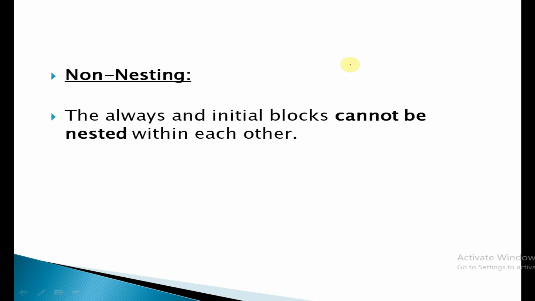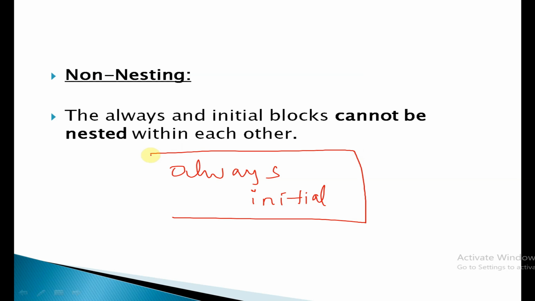Coming to the non-nesting point, the always and initial blocks cannot be nested within each other. This is a very important point. We cannot write an initial block inside an always block, or an always block inside an initial block.